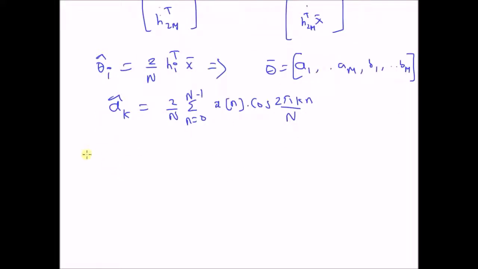And for the second set of components of the vector theta bar, that is, the bk, we have bk hat equal to 2 by N summation n equal to 0 to N minus 1 of x of n multiplied by sine of 2 pi k n over N.